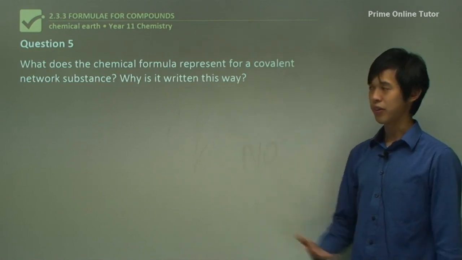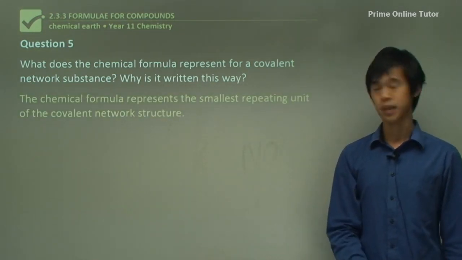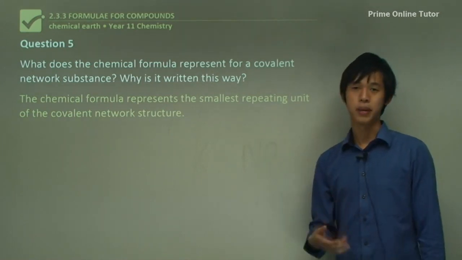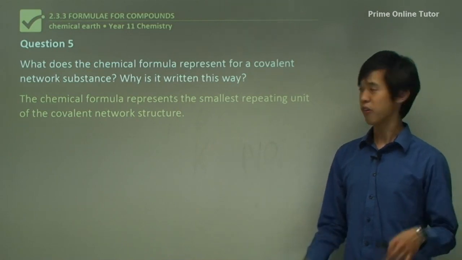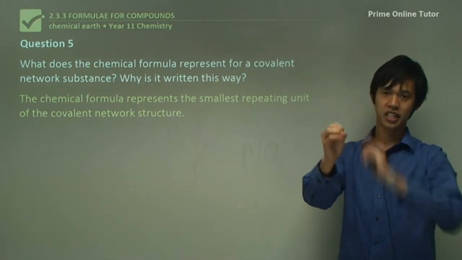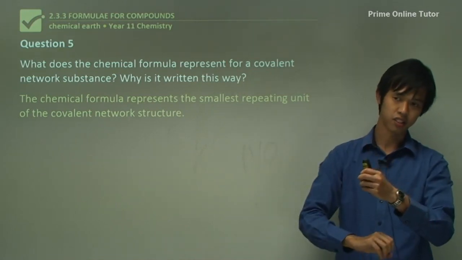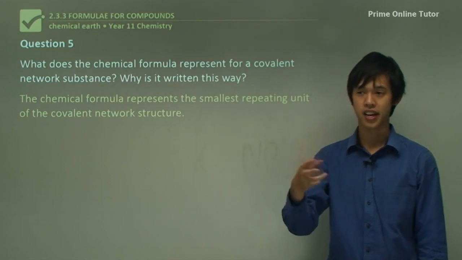So the way we write it is, the chemical formula of a covalent network substance is the smallest repeating unit of the covalent network structure. And what I mean by a repeating unit is, if there's a silicon and then an oxygen and then a silicon and then another oxygen, then silicon and oxygen is the repeating unit. So that's what we write, SiO.